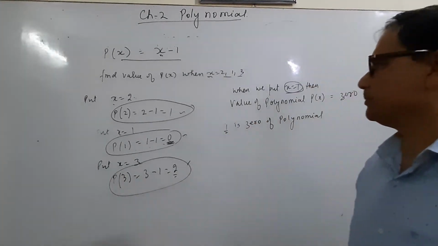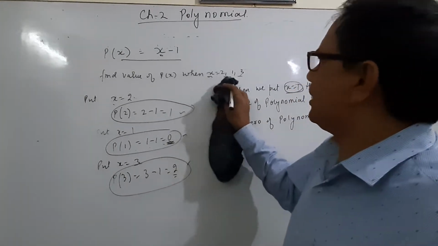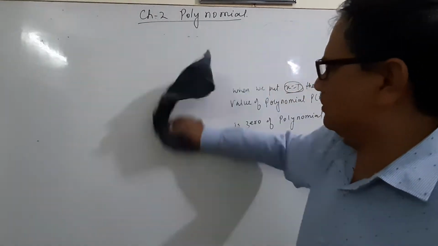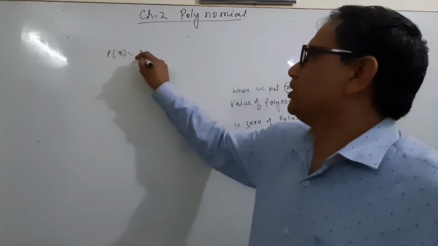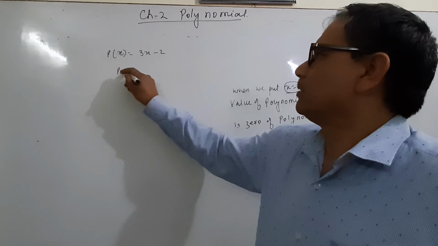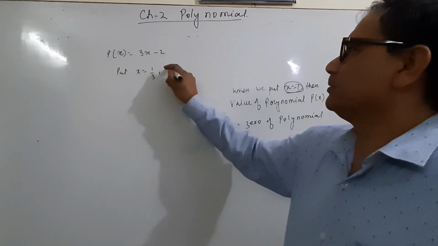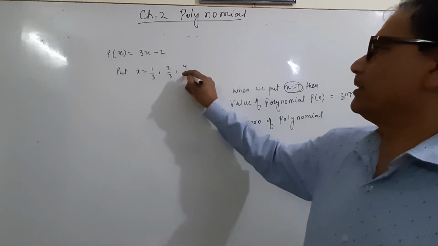Now you do the next part yourself. If P(x) is equal to 3x minus 2, put x equal to 1 by 3, 2 by 3 and 4 by 3.